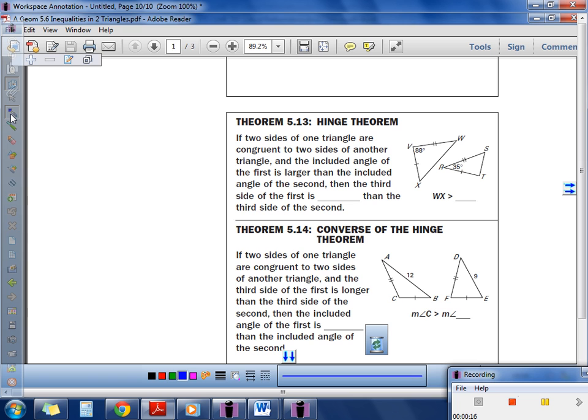This one is called the Hinge Theorem. And if you think of it, hinges are used on a door, and a door usually has an opening that's the same size. When you open the door, that increases this angle right here. This is the opening for the door.